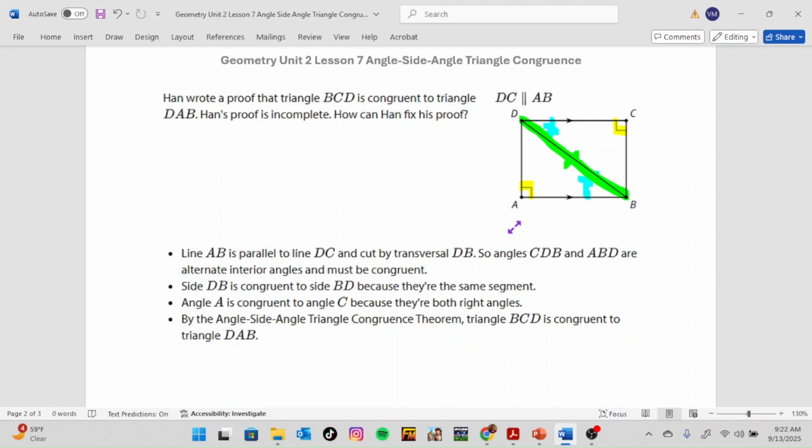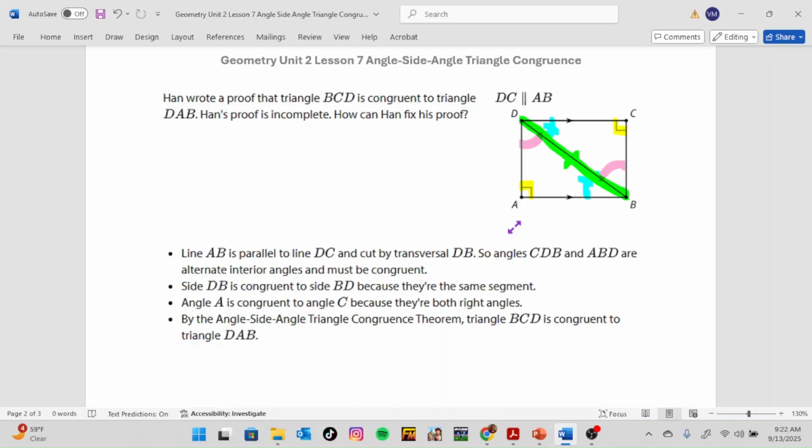The problem is that while he has two angles and a side, it is not the side between the two angles. Therefore, we need to prove that angle ADB is congruent to angle CBD.